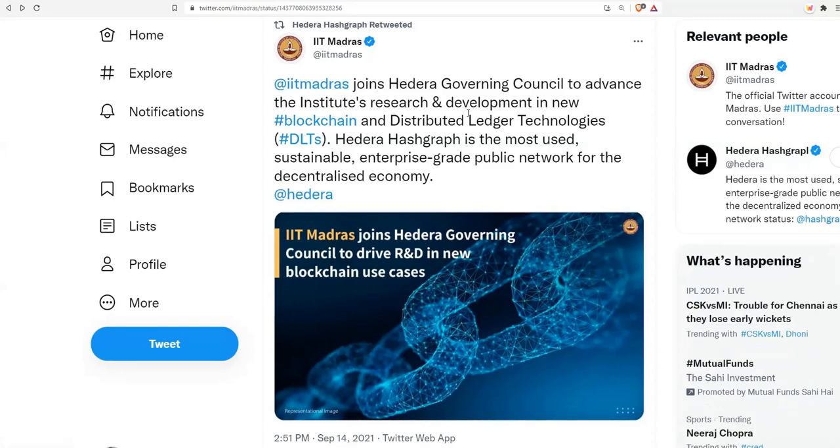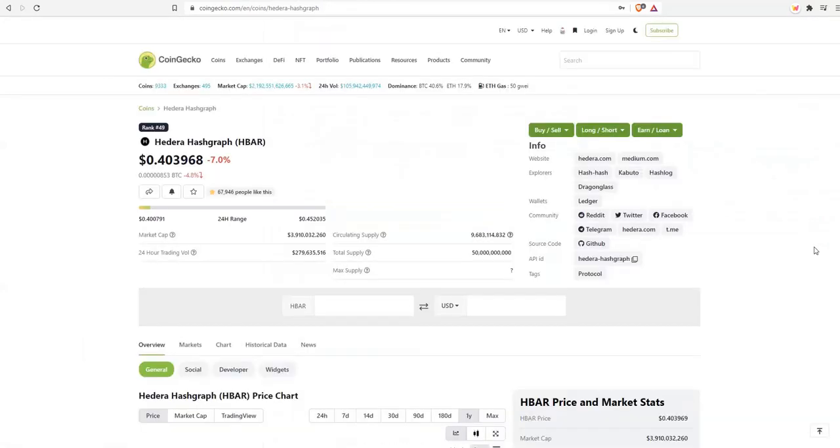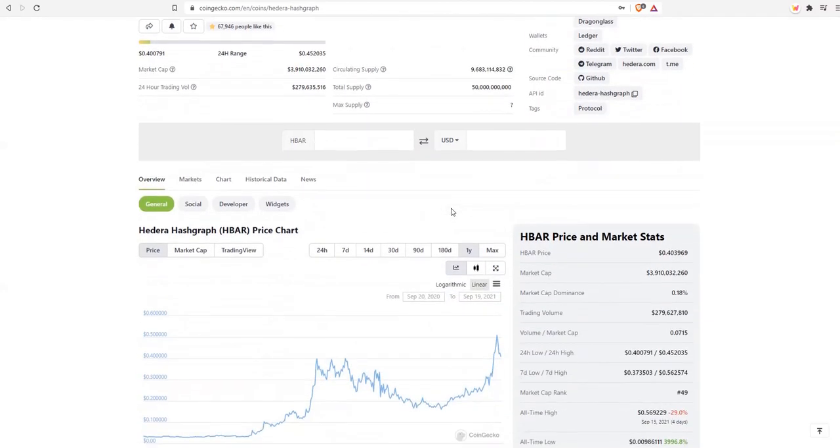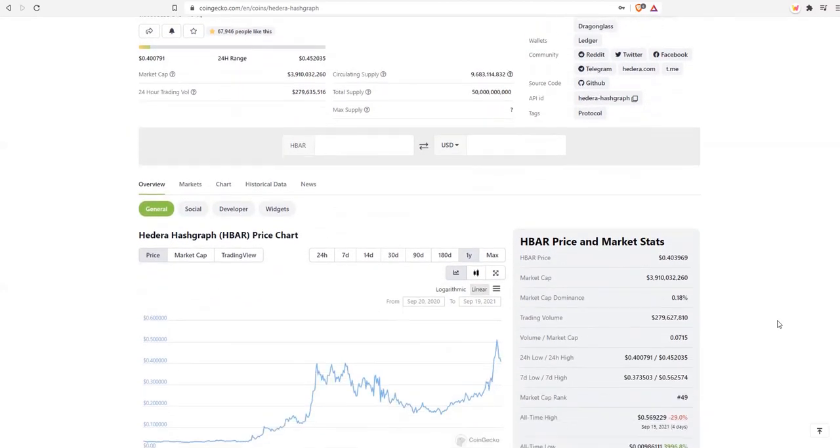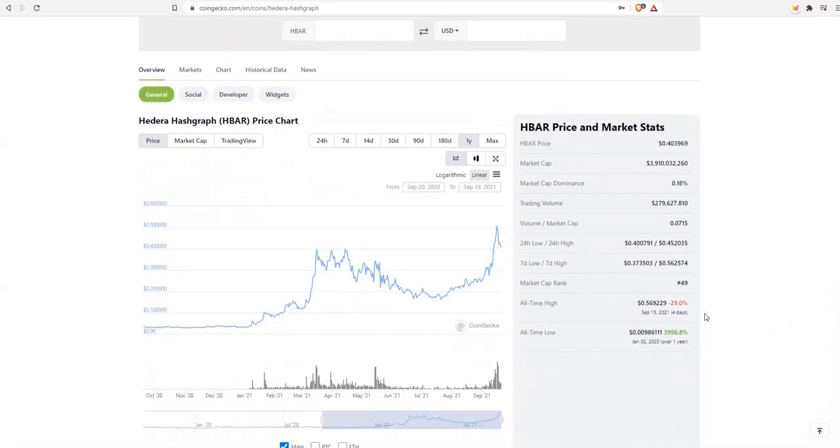IIT Madras joins the Hedera Governing Council to advance the institute's research and development in new blockchain and distributed ledger technologies that are called DLTs. The native token HBAR is trading on major exchanges, guys. It is trading around 40 cents today as I am recording this video, and I don't want to give any financial advice on the price action, but I just wanted to let you know about these fundamentals of the Hedera hash graph.